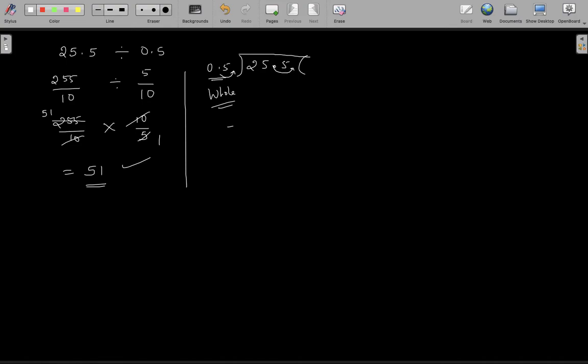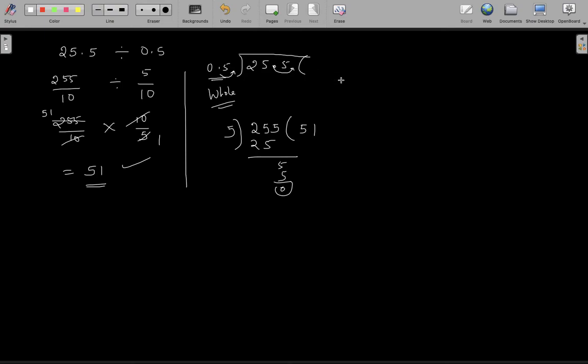So then it will become 5 divided by 255.0, which means 5 divided by 255. Now we will divide as usual. 5 5s are 25. Bring down 5. 5 1s are 5. Leaves you with a 0 remainder.